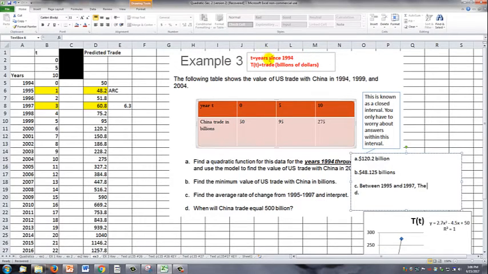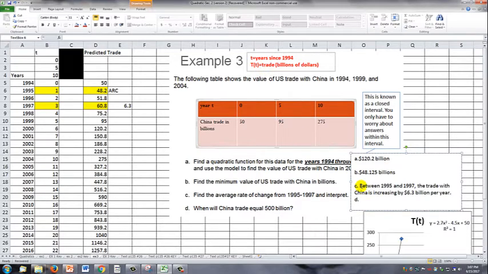The x's are years. Okay, so you could say something like the trade with China, because that's what this dependent variable, this function is, and 6.3 is positive, so you could say is increasing by 6.3, and the units are billions of dollars, so $6.3 billion per, and the x-coordinate unit is year.